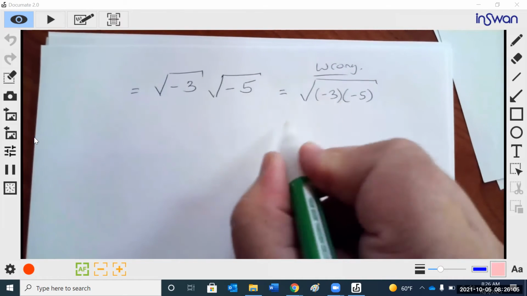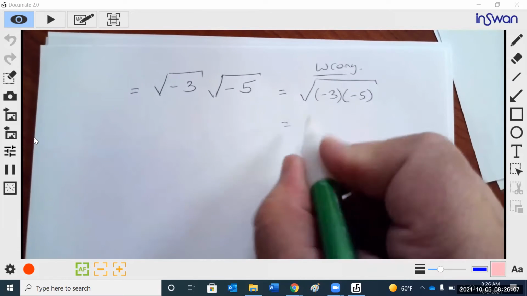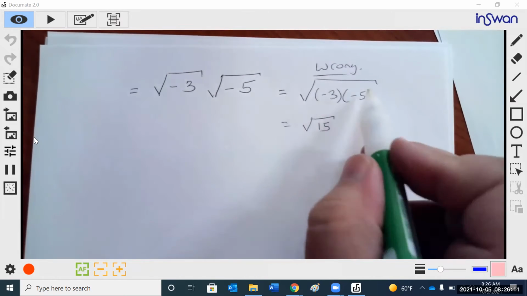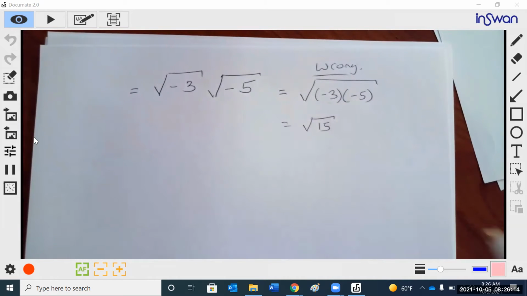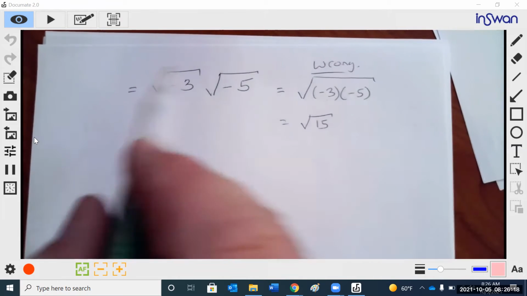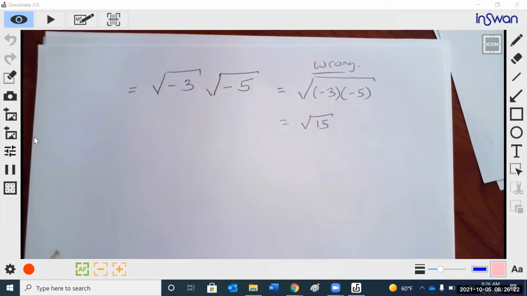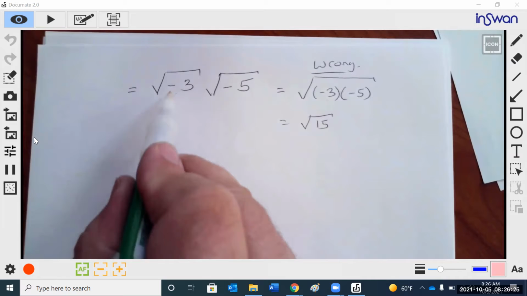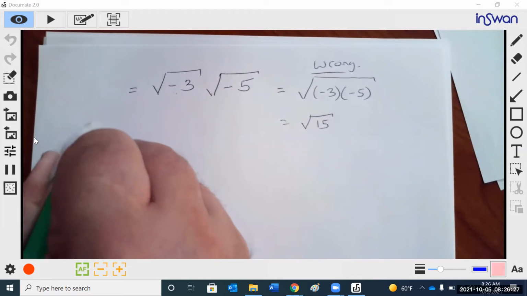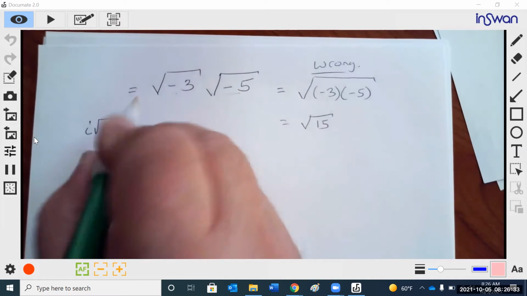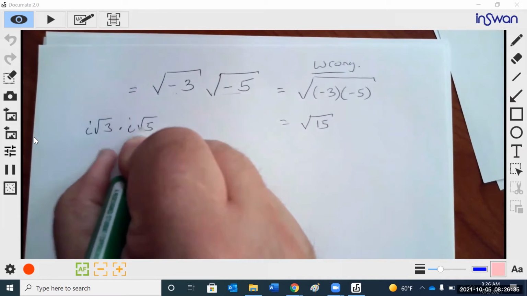If you did it this way, -3 times -5 becomes what? Negative times negative is a positive. So it's radical 15. So that's what you would come up with that way. But aren't both of these imaginary numbers already? This one is actually i radical 3 times this one, which is i radical 5.